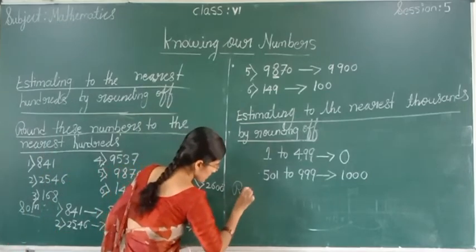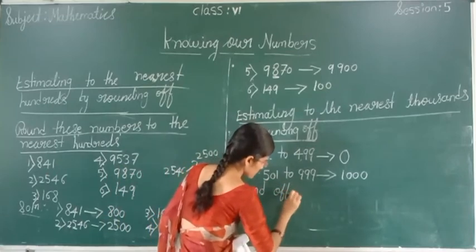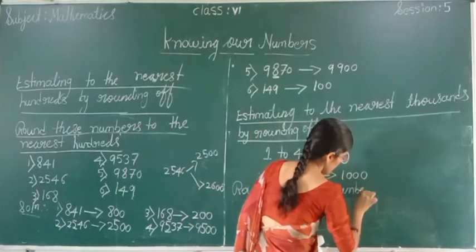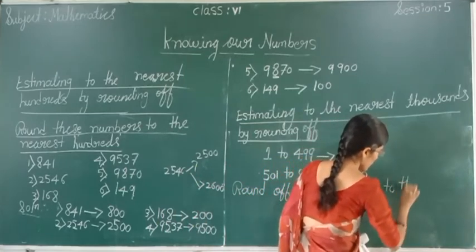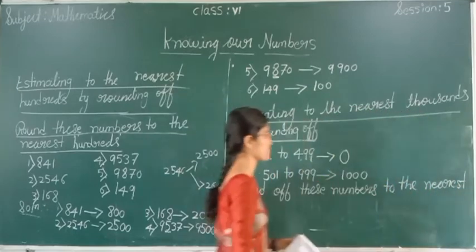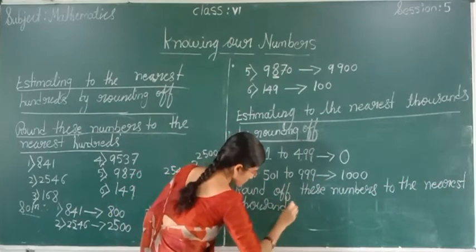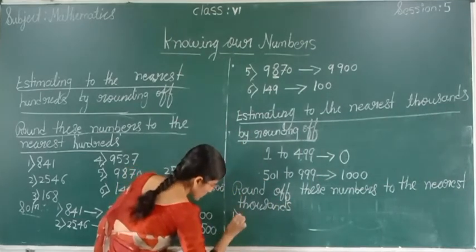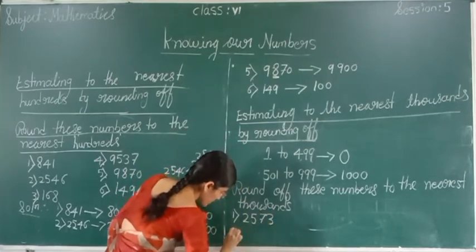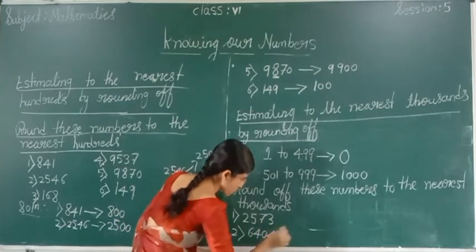See, round off these numbers to the nearest thousands. Here, 2573. Second one, 6404.